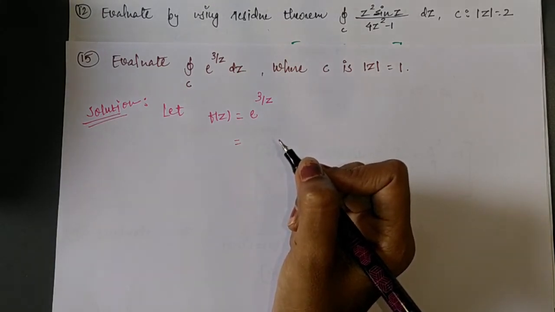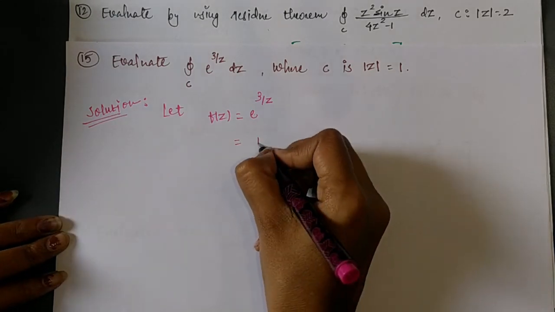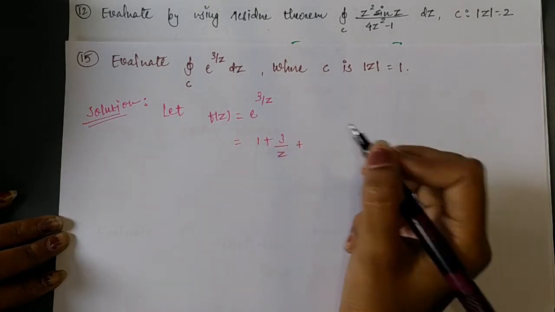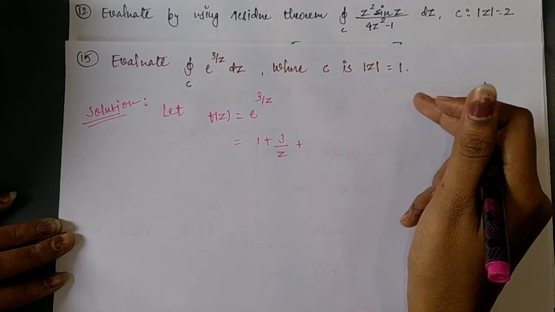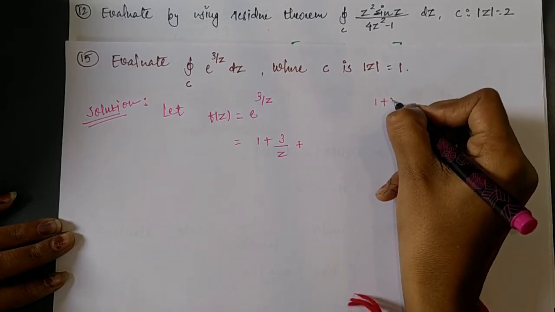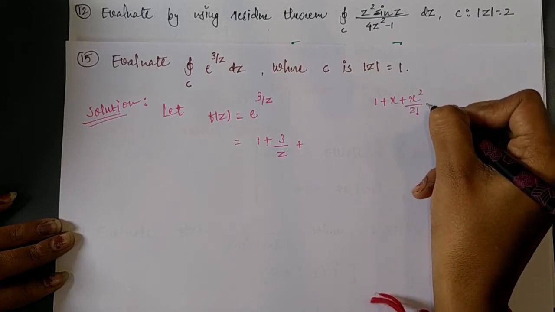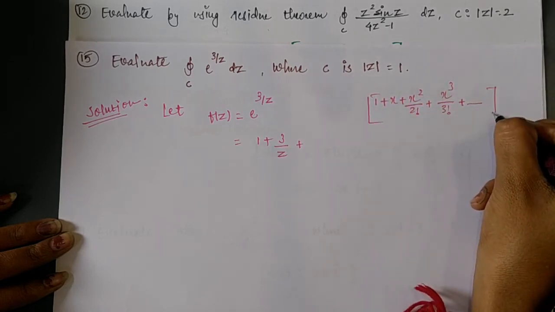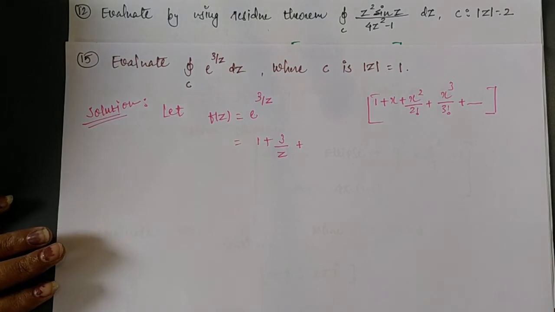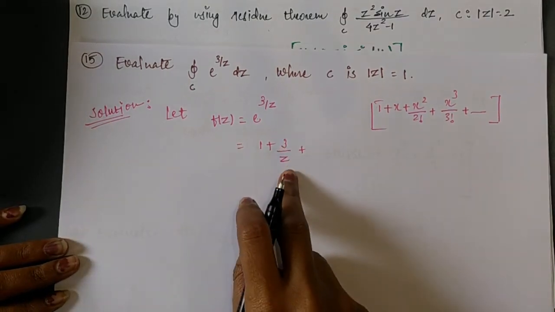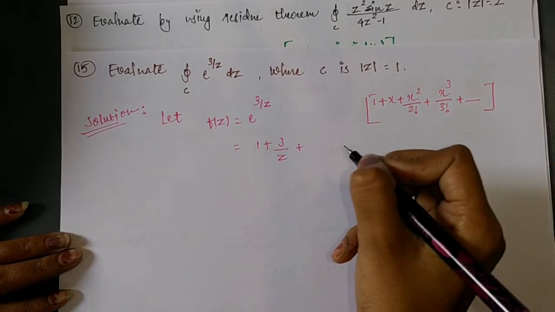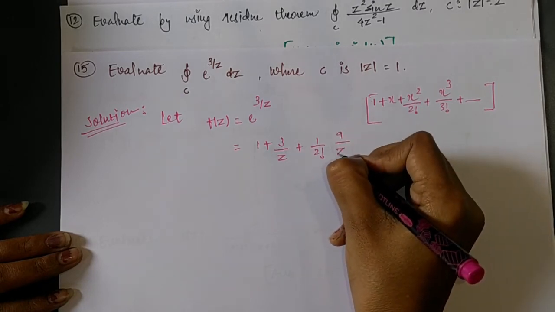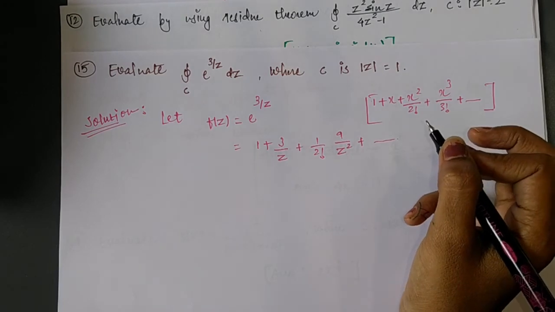You can definitely expand this function so that it will be 1 plus 3 by z plus 1 upon 2 factorial, whole square, 3 by z whole square, that is 9 by z square, plus up to so on, okay.